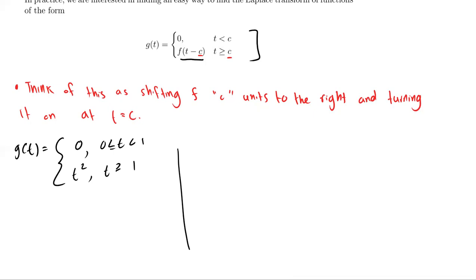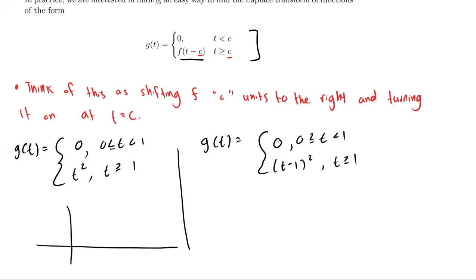So this is not something that looks like what we have above. Let me write something that actually does. It's 0 for 0 less than or equal to t less than 1, and then t squared, but shifted to match whenever we turn it on. Let's graph both of these.